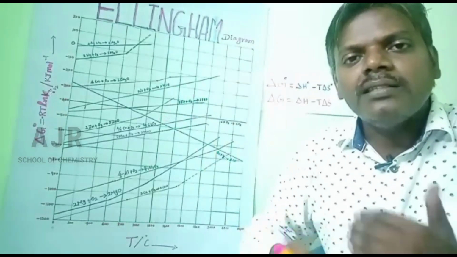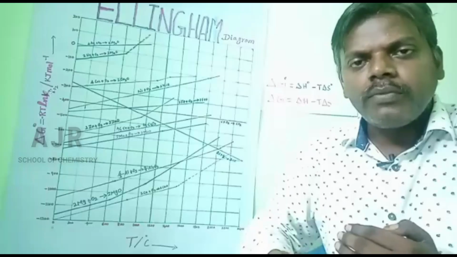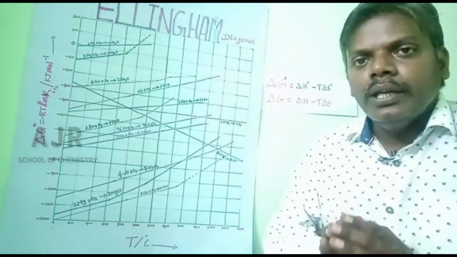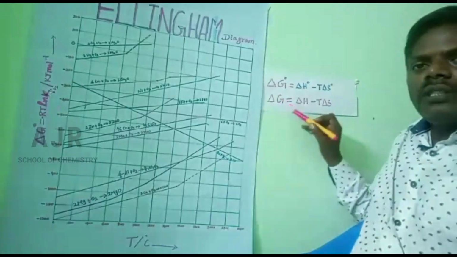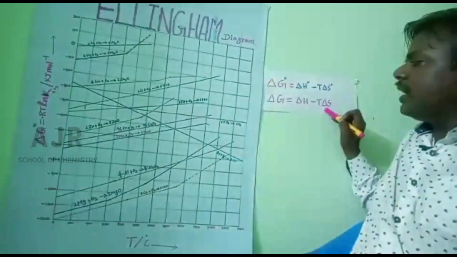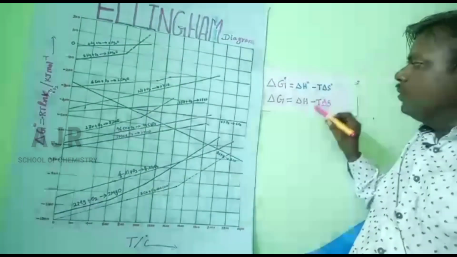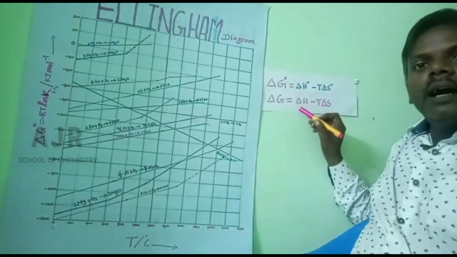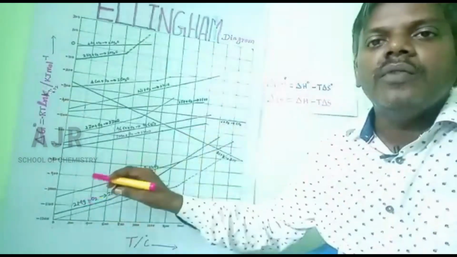If randomness decreases, the delta S value becomes negative. If you substitute that negative value in the change in Gibbs free energy, that is delta G equals delta H minus T delta S, the term T delta S becomes positive, and thereby you get a straight line with a positive slope.